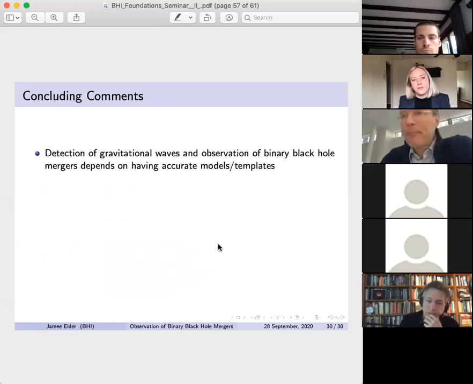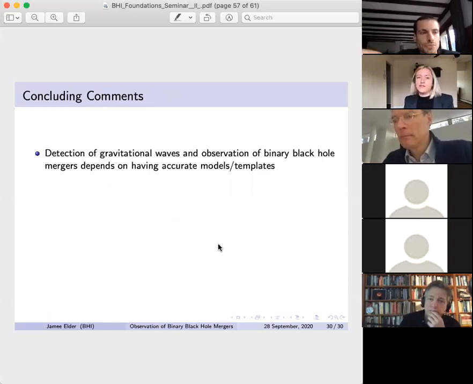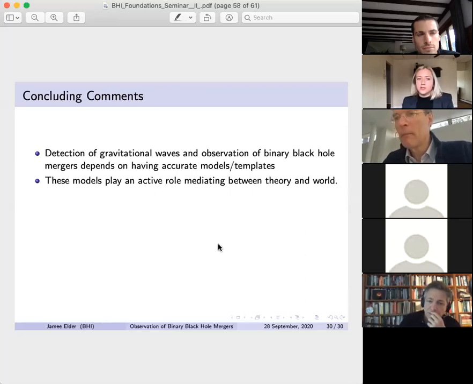So what I've said so far is that the detection of gravitational waves and the observation of binary black hole mergers, both of these are highly model-dependent processes, and they're both dependent on having accurate models or templates of both the source system and the gravitational waves that are produced.